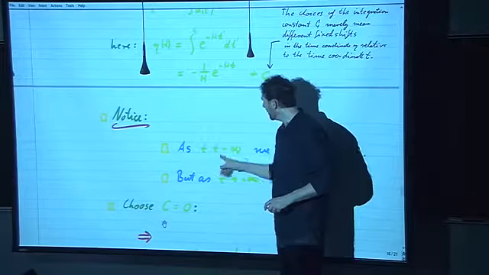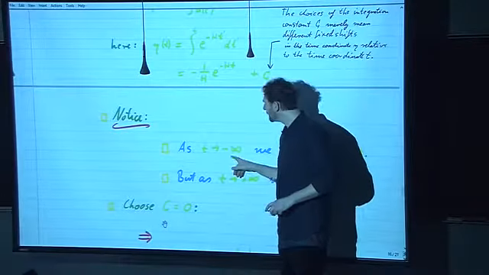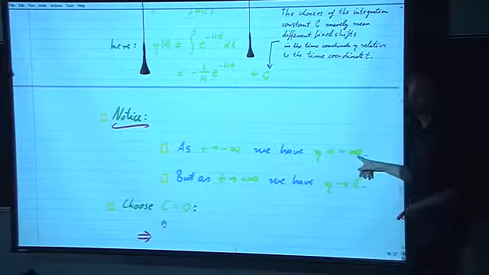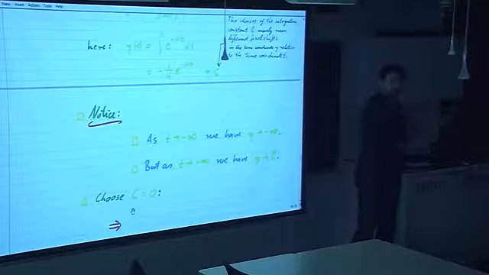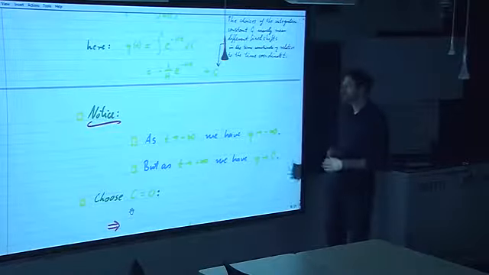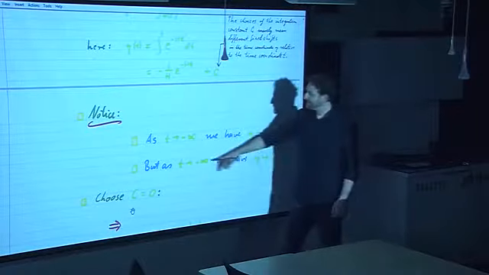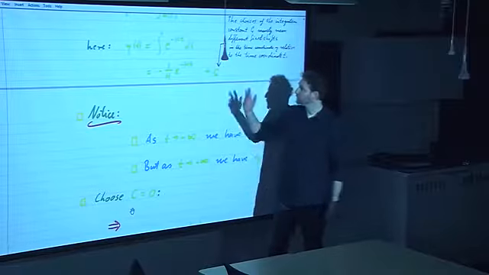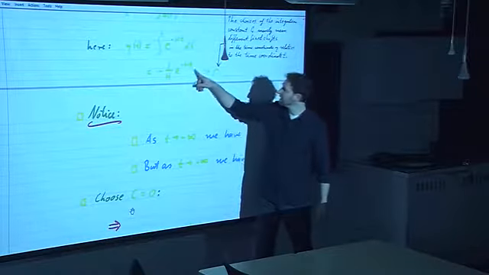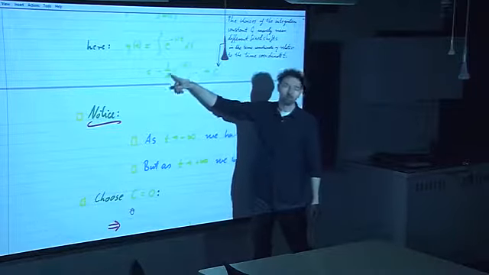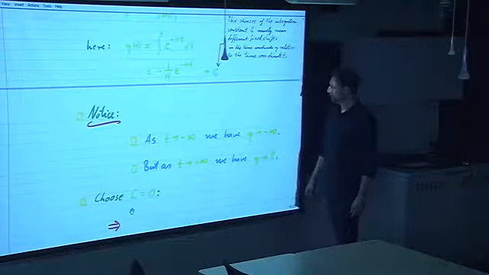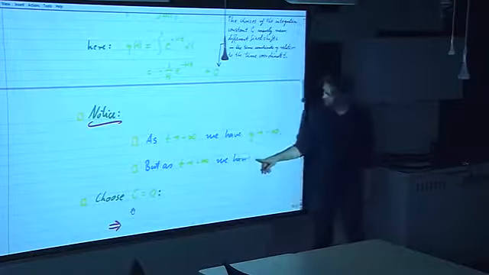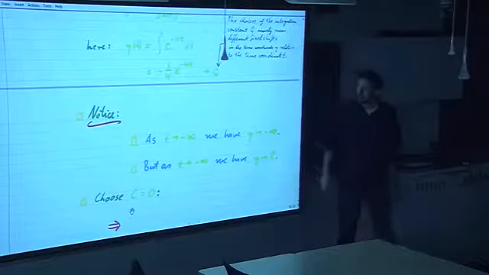As time goes to minus infinity, the conformal time also goes to minus infinity. That's nice. The past is negative, and the further in the past, the further in the negative you are. But as t goes to plus infinity, towards future infinity, this thing here goes to 0. And therefore, we have that the conformal time approaches a finite value of c.